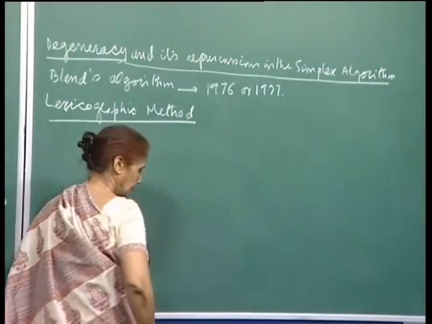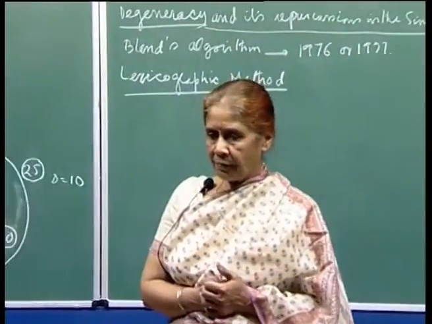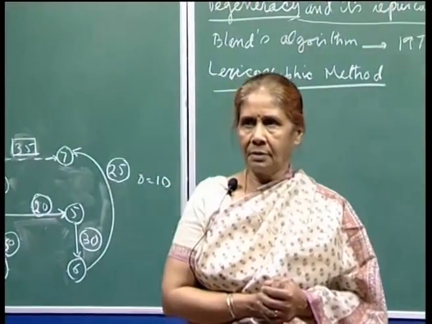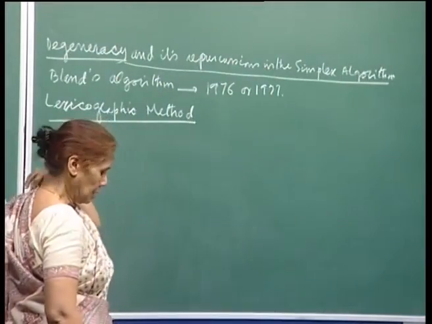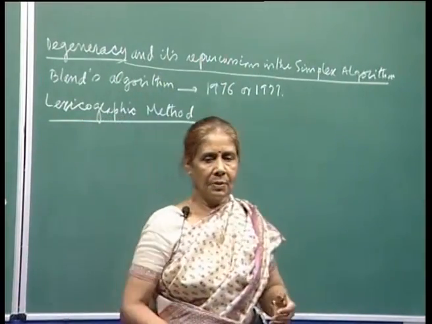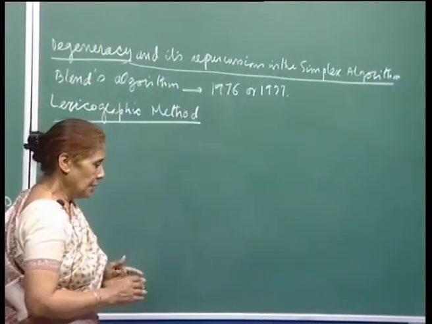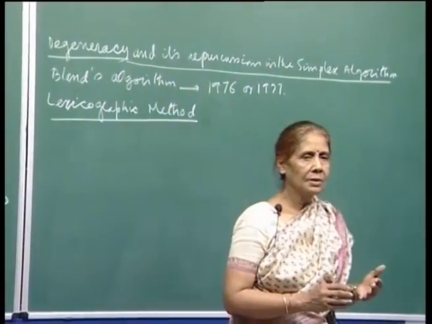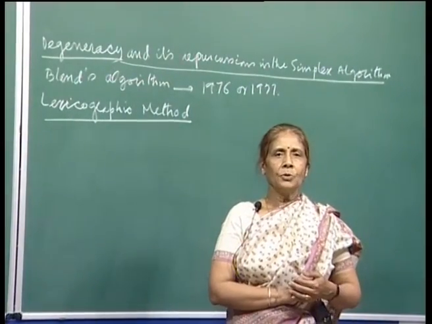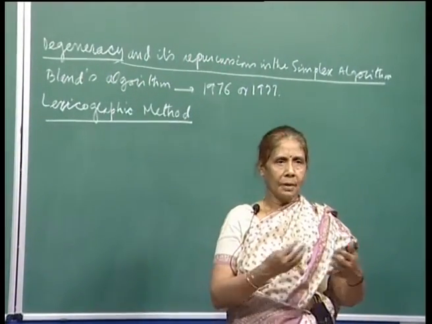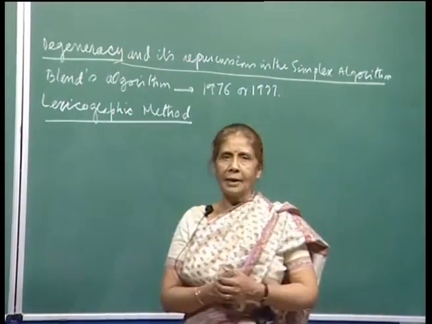Lexicographic method. Okay. So, the idea here is that you want to make the choice of the outgoing variable unique, right, and of course, one can say maybe you toss a coin, but it has to be where you show that the particular choice will lead you to a finite number of steps of resolving degeneracy. That means you should not cycle.